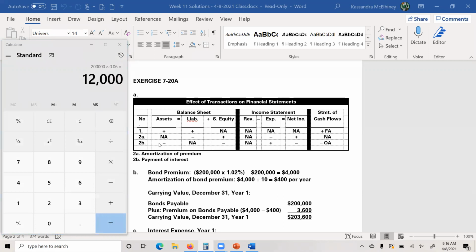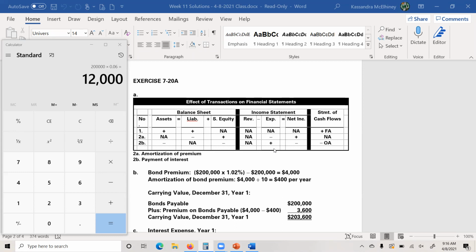That would be our decrease to assets in part 2B. And we would also have $12,000 of interest expense.